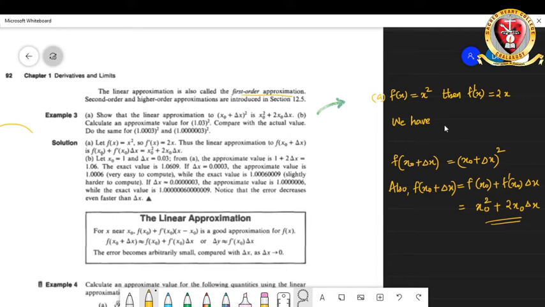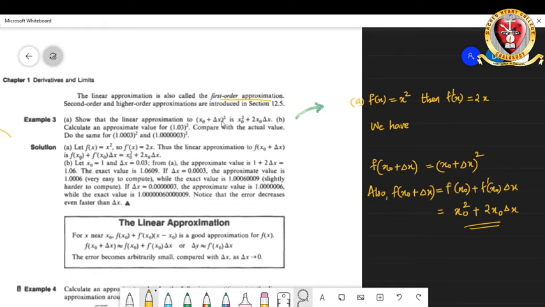Since this is something squared, we are assuming that f of x is equal to x squared. That means f dash of x is equal to 2x. Then f of x naught plus delta x is equal to x naught plus delta x the whole square.